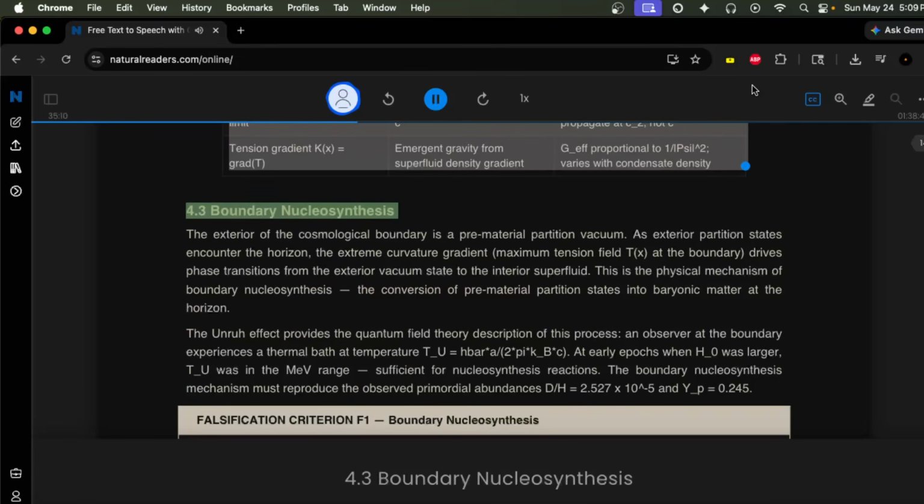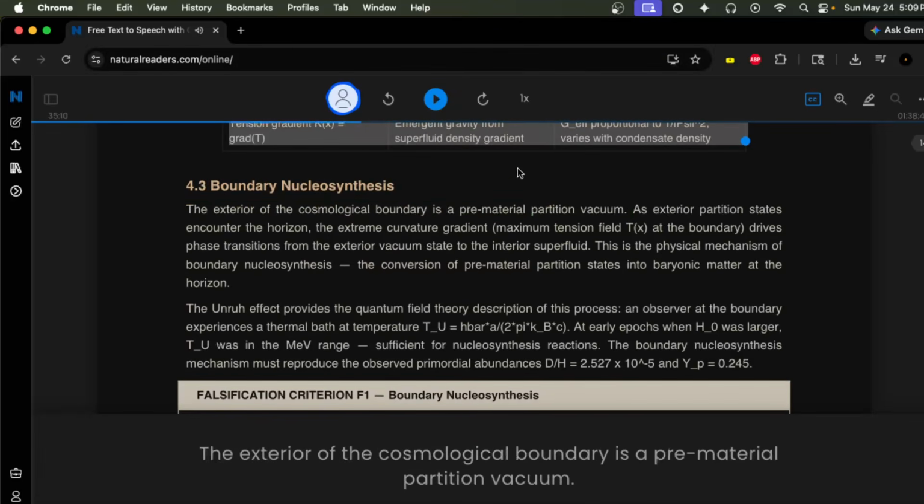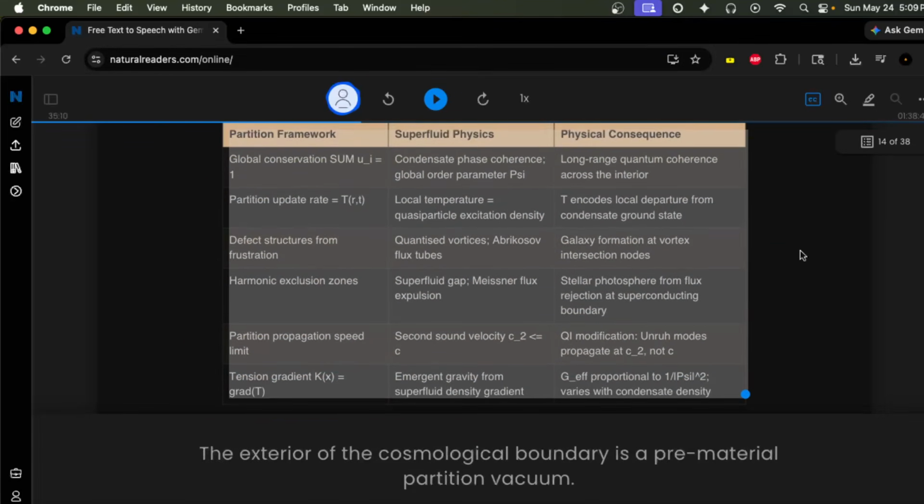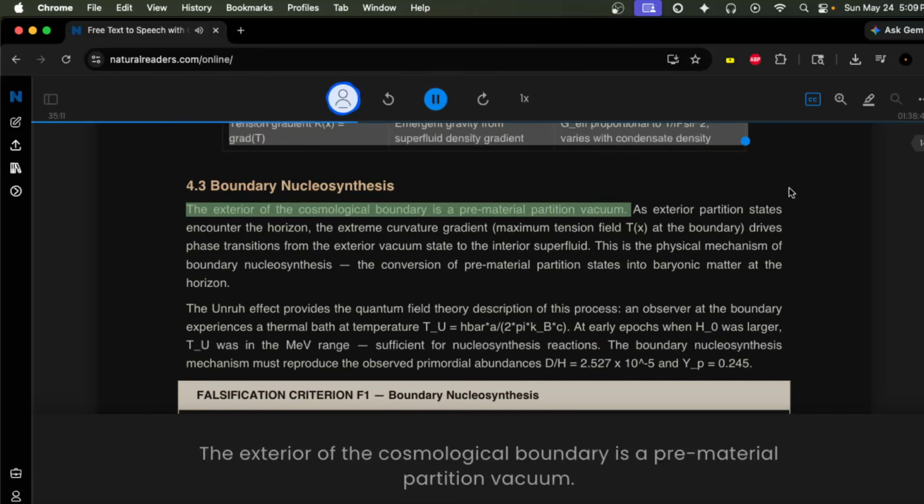4.3 Boundary nucleosynthesis. The exterior of the cosmological boundary is a pre-material partition vacuum.